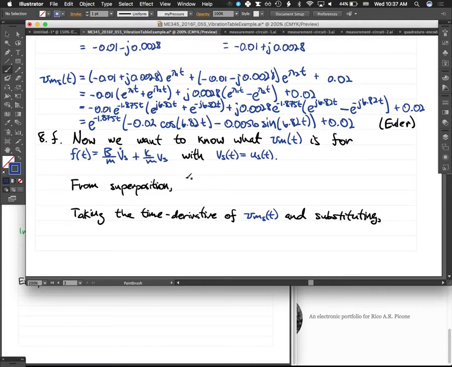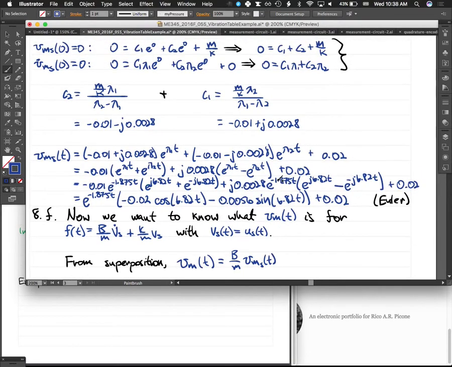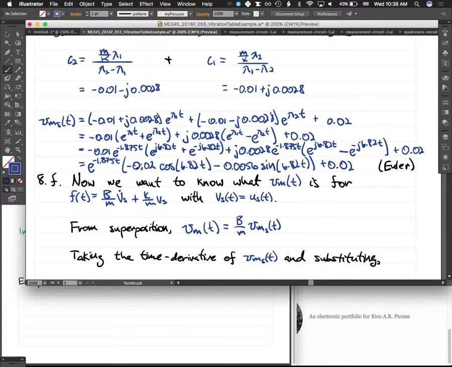So from superposition, we know that Vm of t, so no longer just for the unit step, we want to know for this whole thing what Vm of t is. We can scale by b over m, so b over m scales the derivative of the output that we have. So Vm s of t, the solution that we have up here, right?